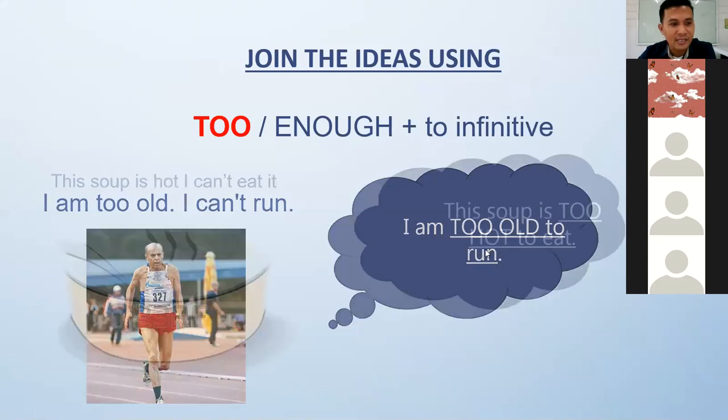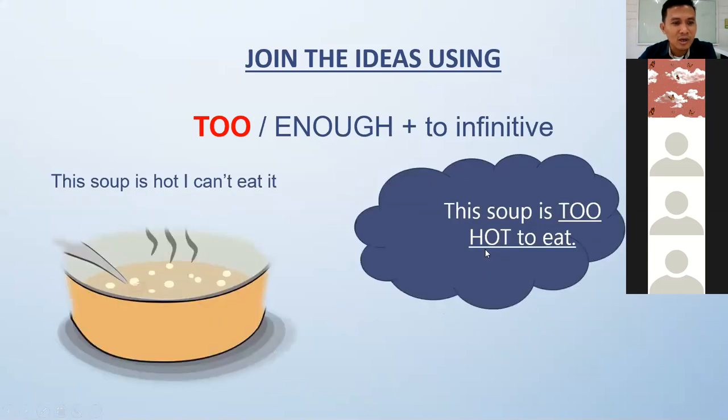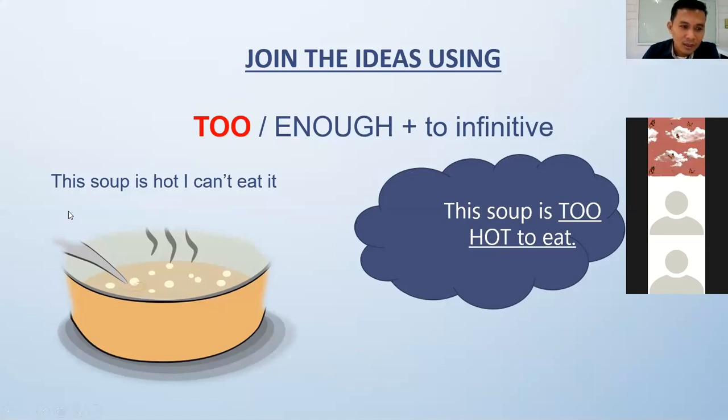Okay, the next sentence. This soup is hot. I cannot eat it. So can you join it together? The soup is hot and I cannot eat it. Okay, so when you join this together, please join this using too.